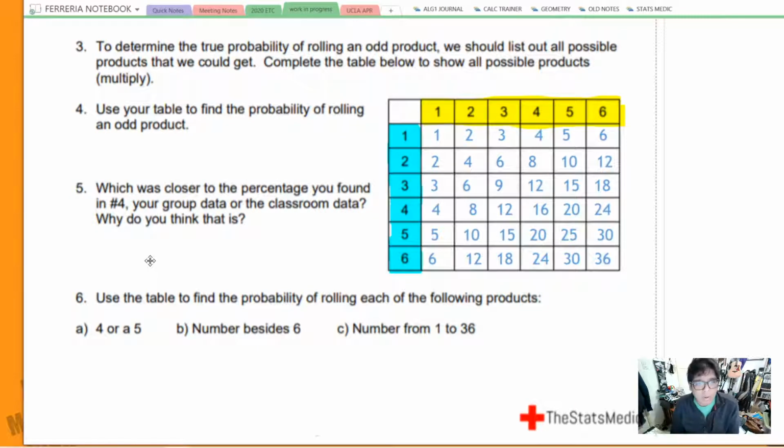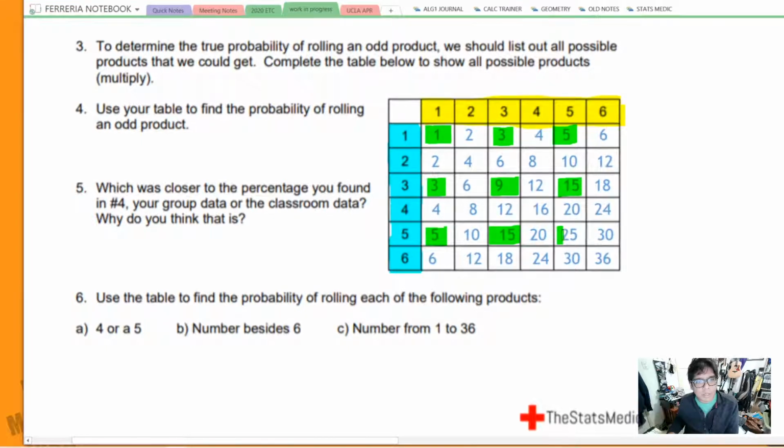Now that we have all of our outcomes, first thing we're going to do is count how many of them there are. And there are 6 times 6, there are 36 different outcomes that could possibly happen with 2 dice. One of them is the yellow die, the other one is the blue die. Then we're going to ask, how many of those outcomes are odd outcomes? Okay, so we've got 1, 2, 3, 4, 5, 6, 7, 8, and 9.